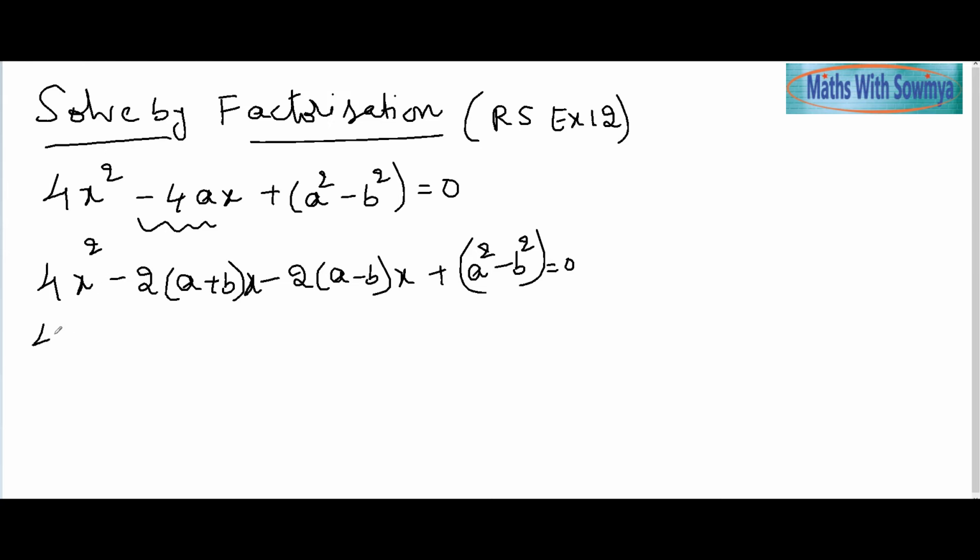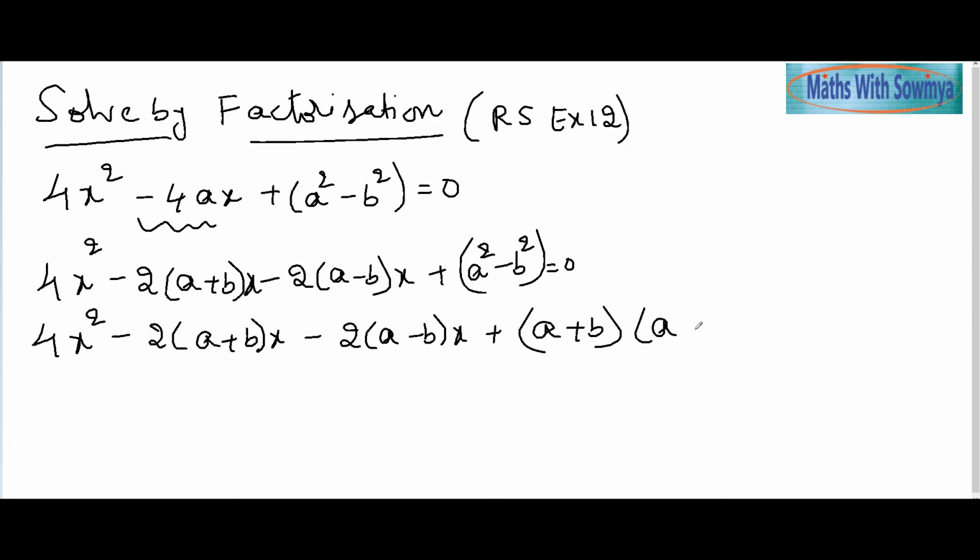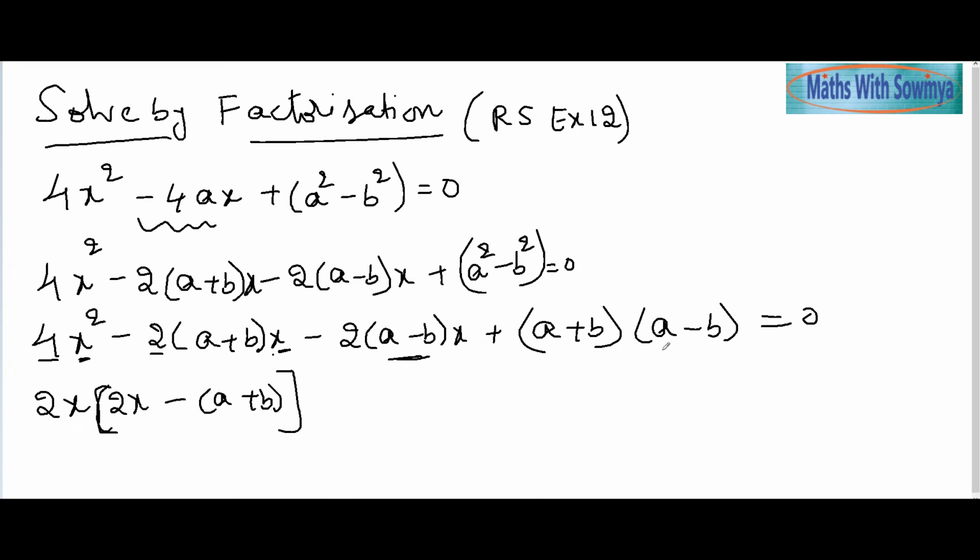Now here I can rewrite it. Here 2 can be taken common and x can also be taken common here. This will give me 2x minus (a plus b). In this case, (a minus b) can be taken common.